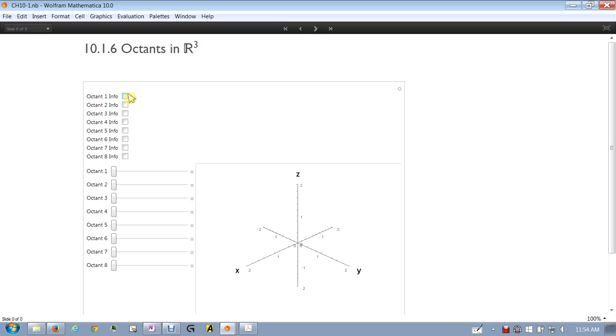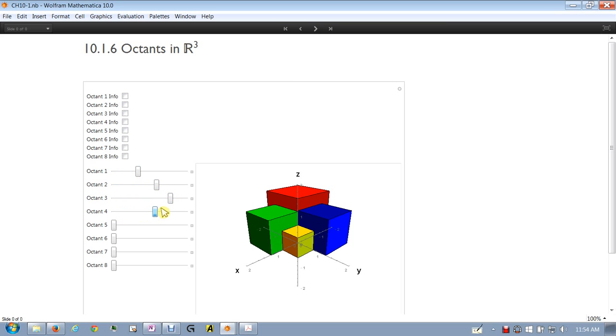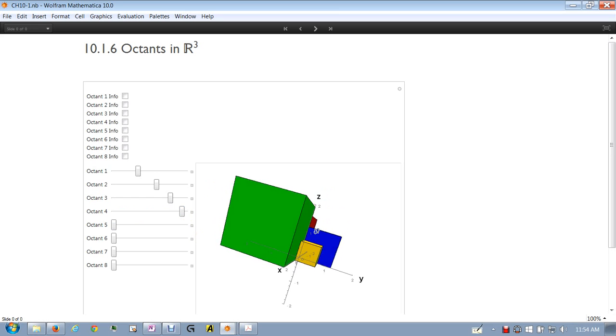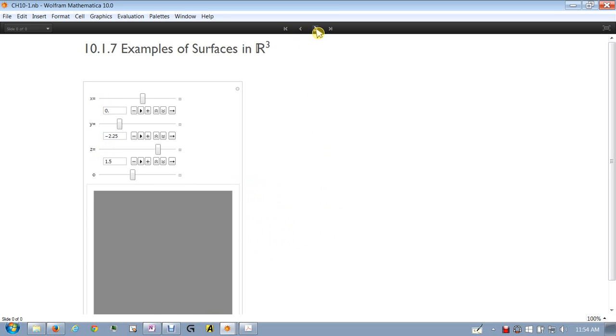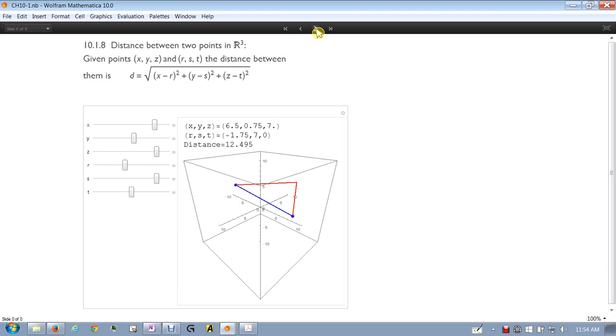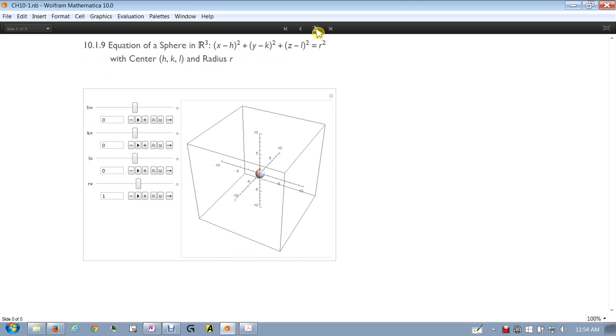You learn that instead of 4 quadrants, there are 8 octants in 3-dimensional space. Those are the first 4, and then the next 4 below. So you just learn a little bit about 3-dimensional space to begin. Do some other applications. What's the equation of a sphere in 3-dimensional space?